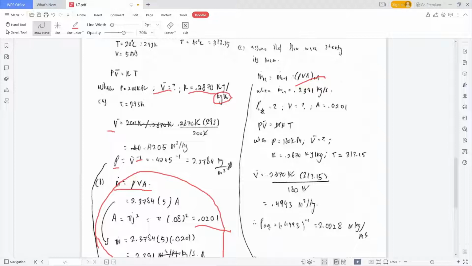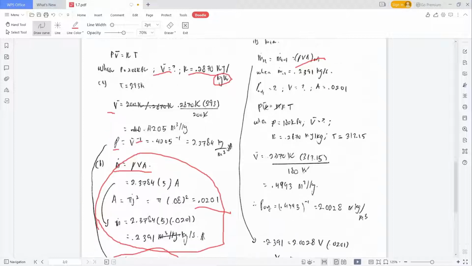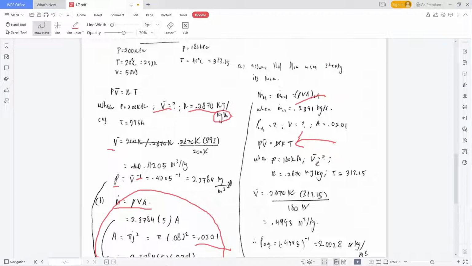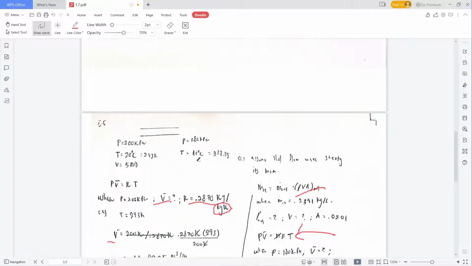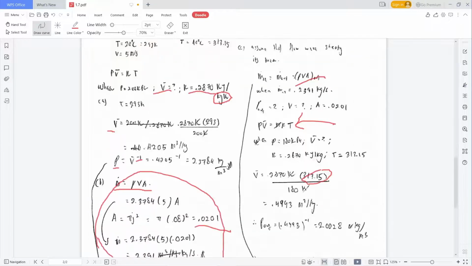We can find the rho by the gas constant equation. We get the specific volume. The pressure now will be 118 kPa, so we have 0.2870 kilojoule per kg Kelvin times 313.15, which is the temperature at the outlet in Kelvin, over 118 kPa.